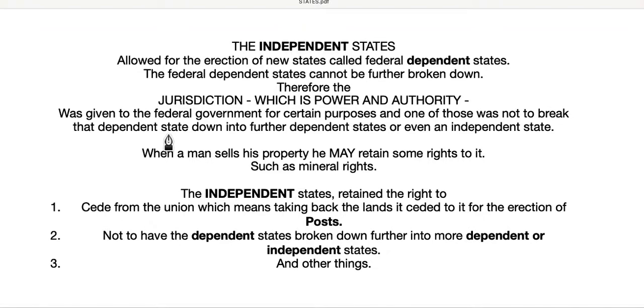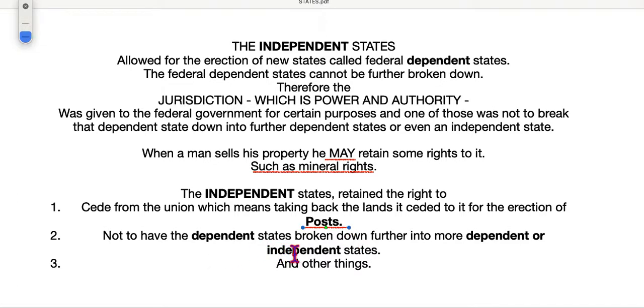So when a man sells his property, he may choose to retain some rights to it, such as mineral rights. The independent states retain the right to cede from the Union, which means taking back the lands it ceded to the federal government, called United States, those lands to be erected into posts or dependent states.